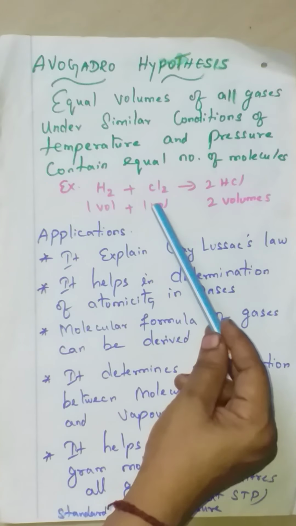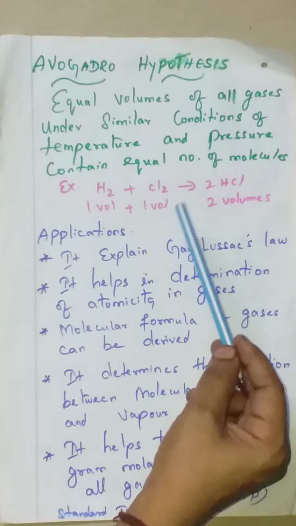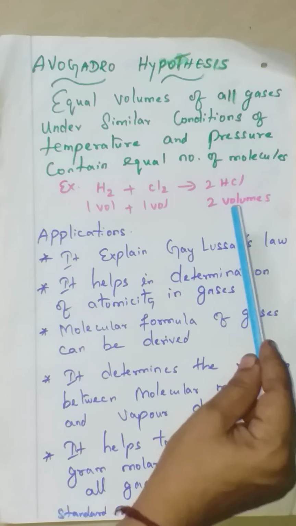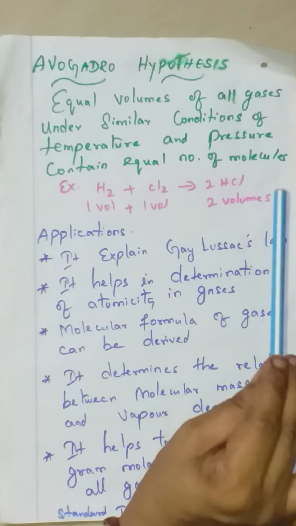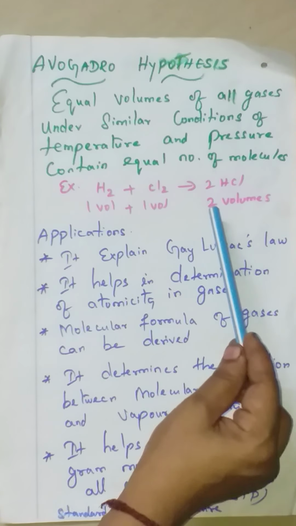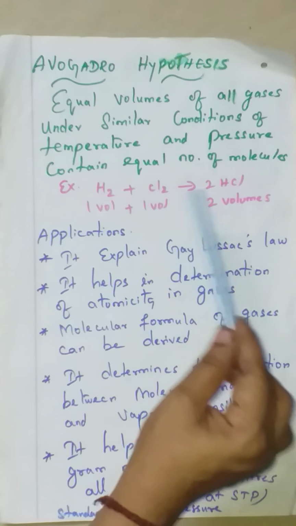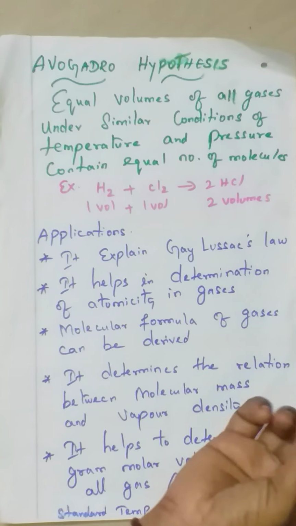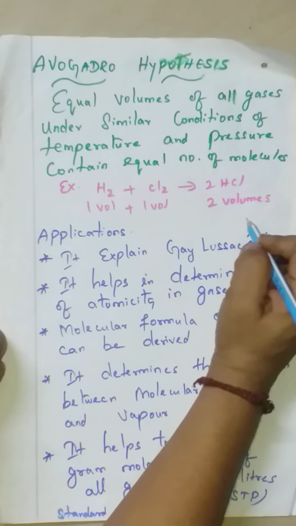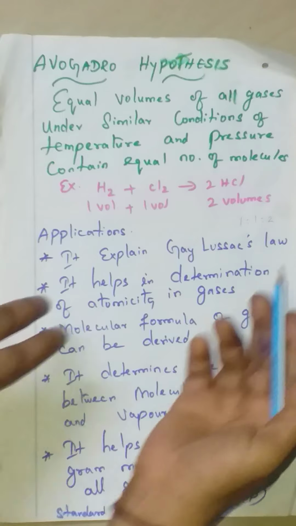The volumes of both the reactants and the products bear a simple numerical ratio. For example, the reactant side is 1:1 and the product side is 2, so the ratio is 1:2. This is explained by Gay-Lussac.